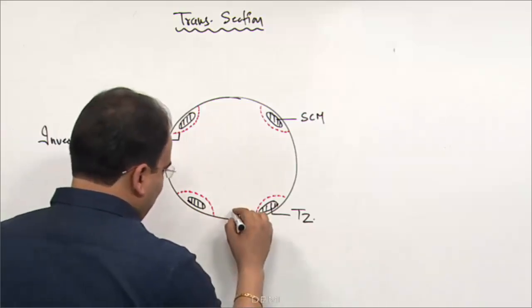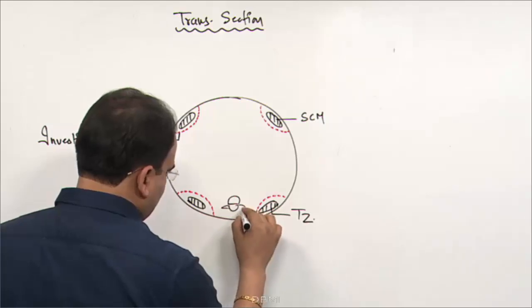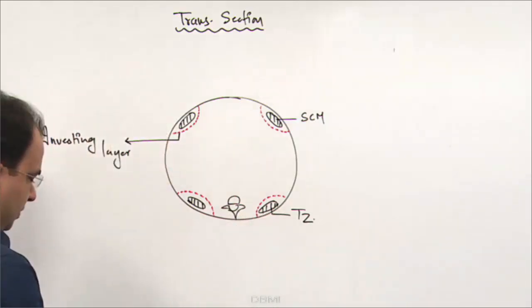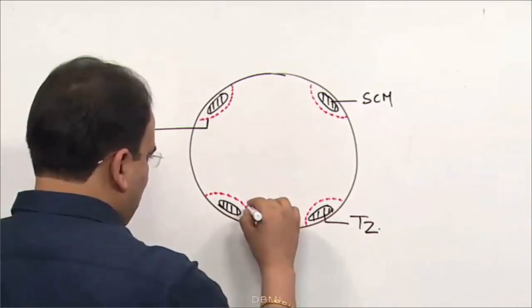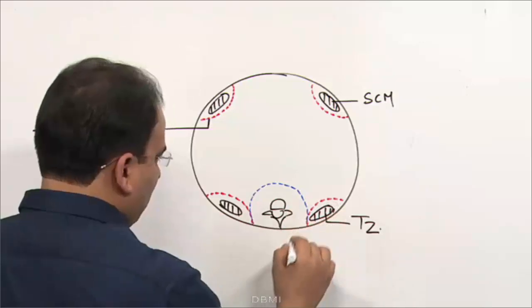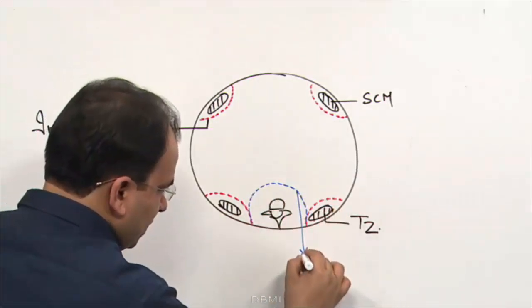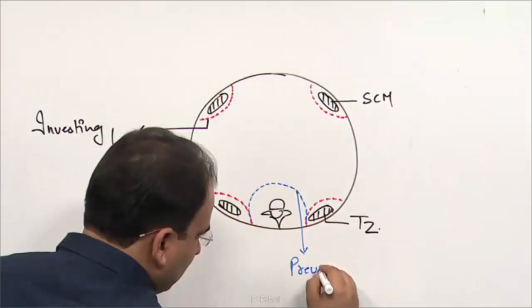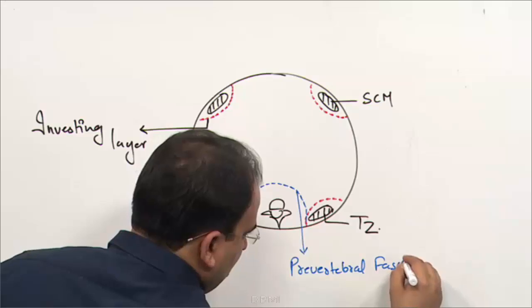Now let's presume we have vertebrae here. So the fascia which is enclosing all these prevertebral muscles, that is prevertebral fascia. This fascia is referred to as the prevertebral layer.